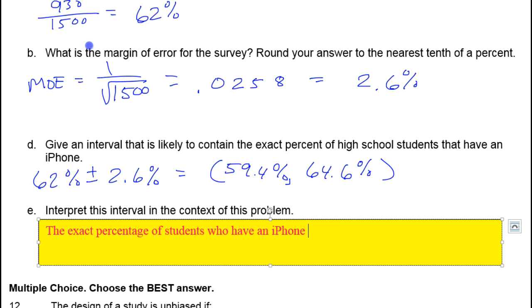Wait, 1 second. Because we're recording this and it's like, you know what I mean? The exact percentage of students who have an iPhone is likely to be between 59.4% and 64.6%. Okay, any questions on that?